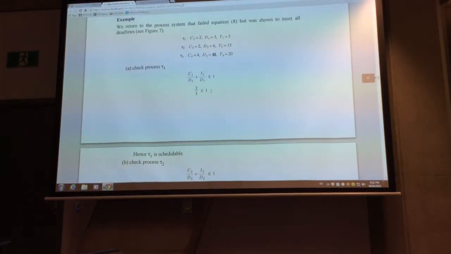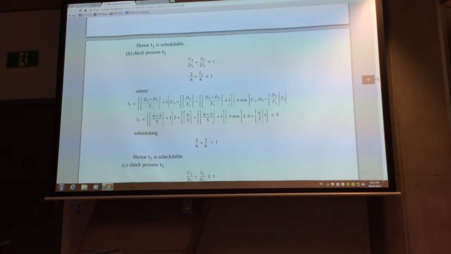there's the test for task 1, again, interference factor for task 1 is always 0. There's the interference factor for task 2, that's not onerous, and it's all correct. So 6 minus 3 is 3, 3 over 5 is a number between 0 and 1.